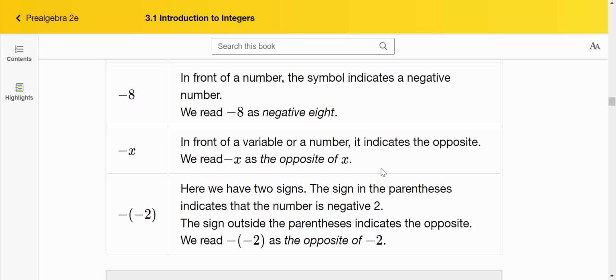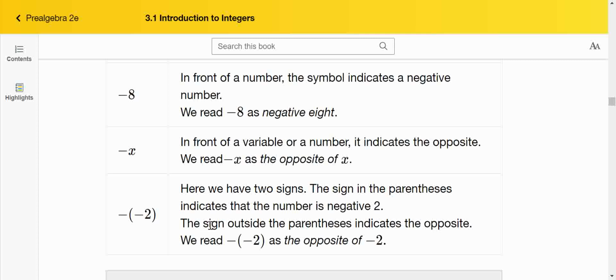Minus x. In front of a variable or a number, it indicates the opposite. We read negative x as the opposite of x. Minus (minus 2). Here we have two signs. The sign in the parentheses indicates that the number is negative 2.